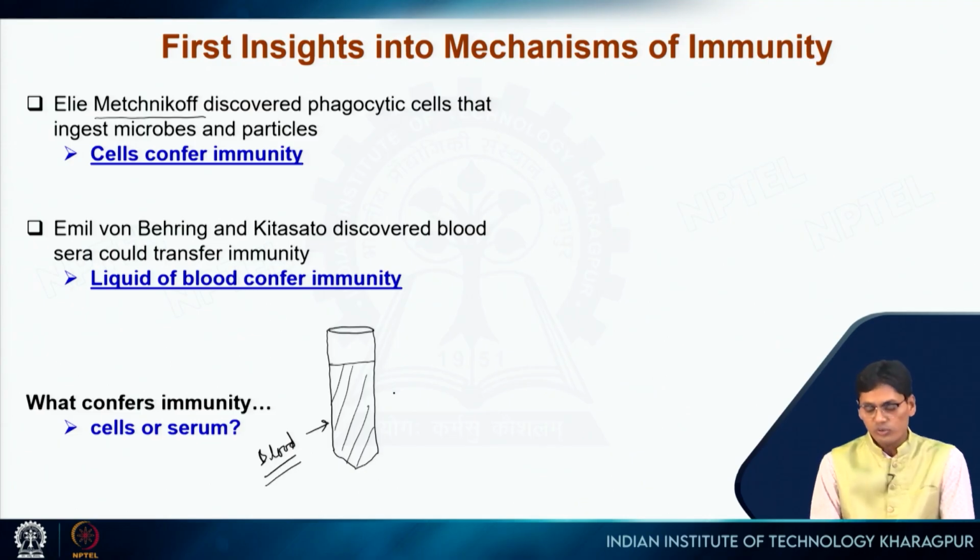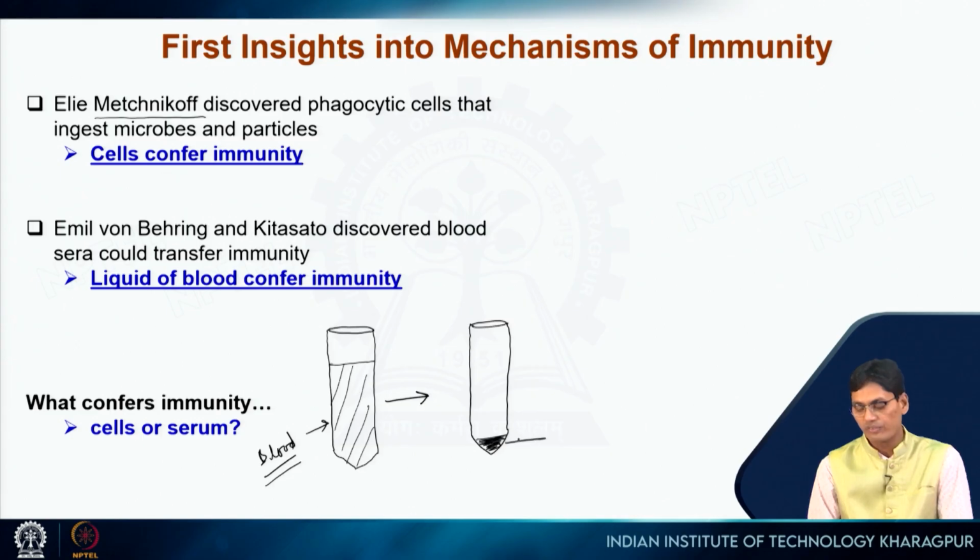Now, if you centrifuge this tube at a proper speed, what will happen? You will see that some cells are at the bottom. These cells are much heavier, and this is our RBC, red blood cells. Then the rest is all liquid, so here you have a solution. You will get some cells here also. Those cells are white blood cells.